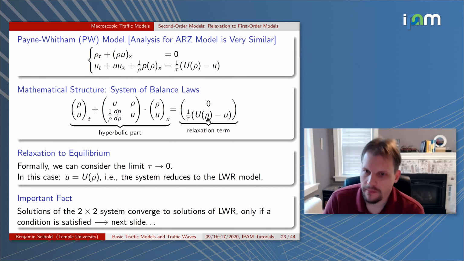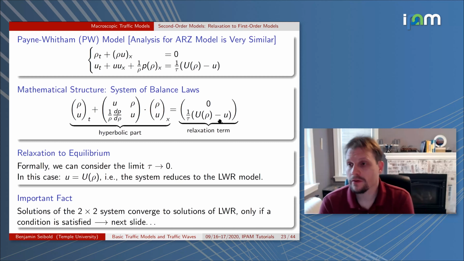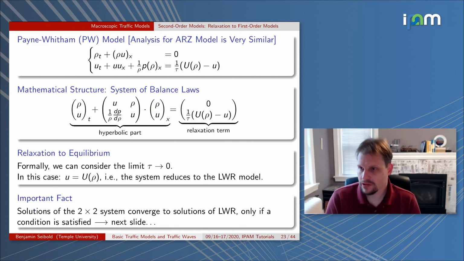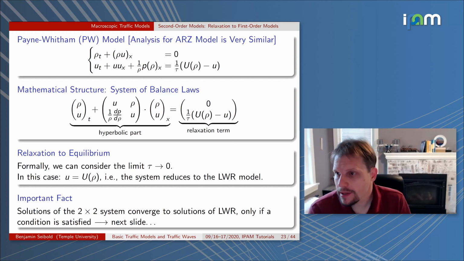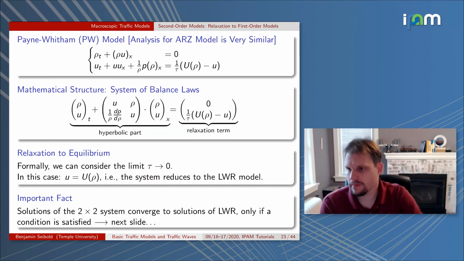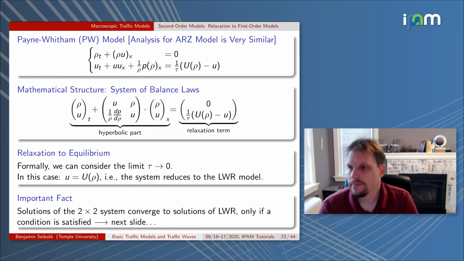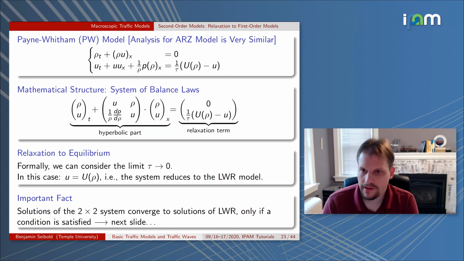Now, there are second-order models that have 0 in the right-hand side, so they don't have a relaxation term. And I want to point you to part 1 of the lecture by Dan Work, where yesterday he actually presented an example of such models. These second-order models would not capture dynamic instabilities and phantom traffic jam phenomena, but they still have the capability of capturing a spread in a fundamental diagram. But there are two differences. Let me go back one slide here.